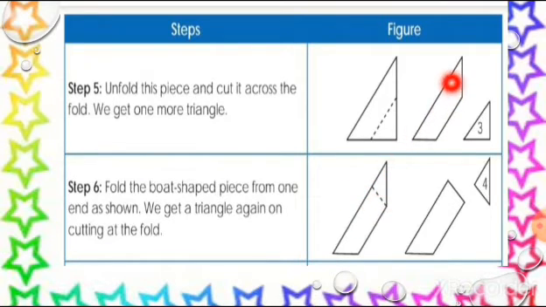From this triangle shaped end, you can fold again and cut again at the fold. Then you will get one more piece like this. Clear, children? So this boat shape, the remaining triangle we folded and we cut this one. After that we are folding this side and then we are cutting that.